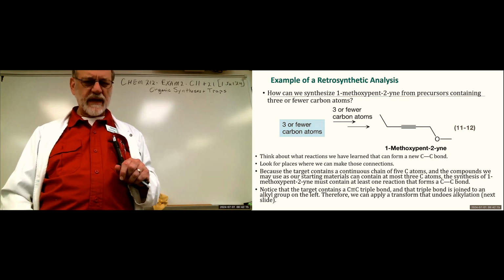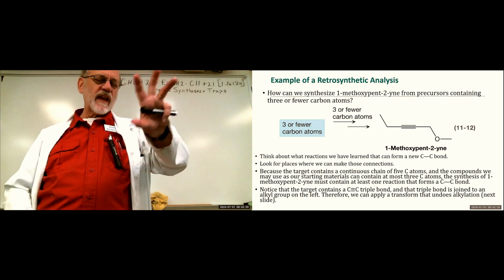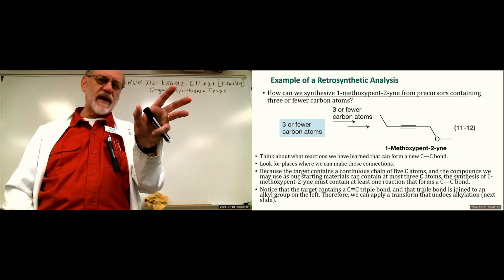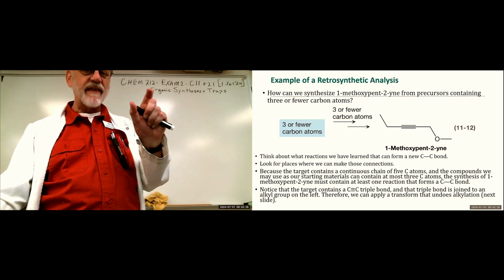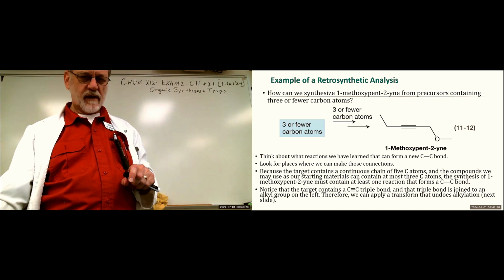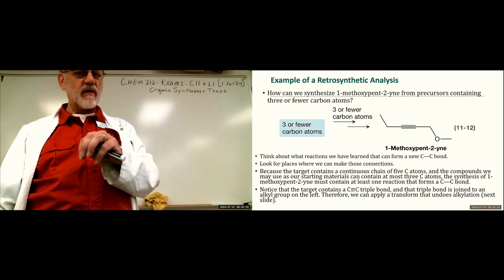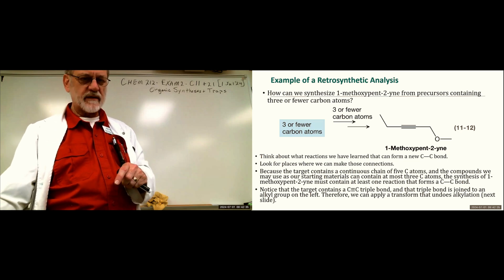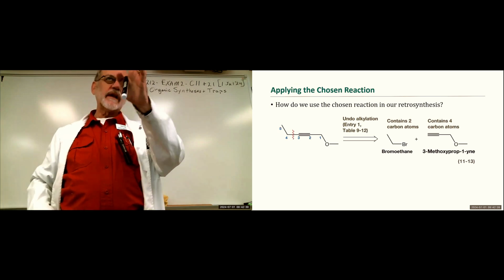We could alkylate on the left, we could alkylate that alkyne with an ethyl group. And then on the other side, we could alkylate the alkyne from the other side. So that's where that squiggly line comes in.